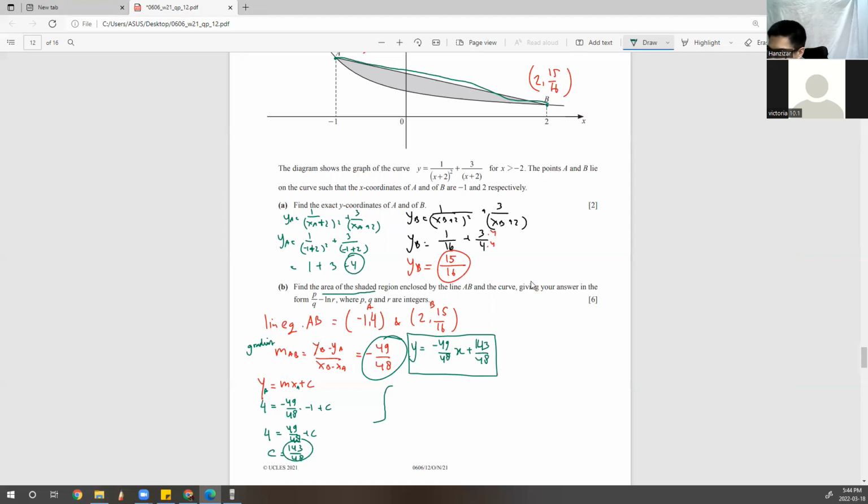So y line subtract y curve, right? From negative 1 to 2, it is a definite integral. Negative 1 to 2, y line is negative 49 over 48 x plus 143 over 48. Subtract this crazy equation.